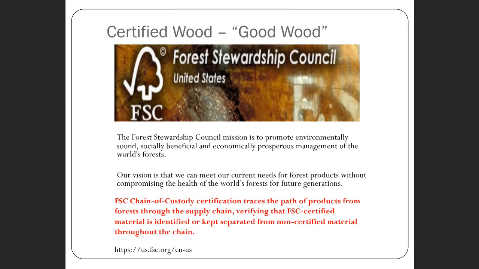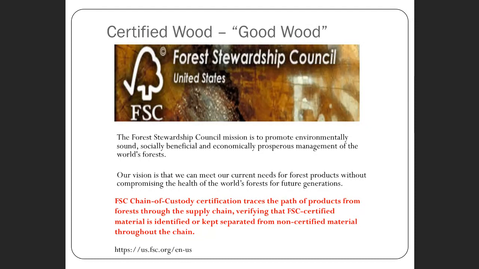Right, we talked about wood as an environmentally preferable material. We want to make sure that wood is coming from a sustainably managed or sustainably forested source. So having certified wood in your project manual ensures that wood is coming from a responsible source.